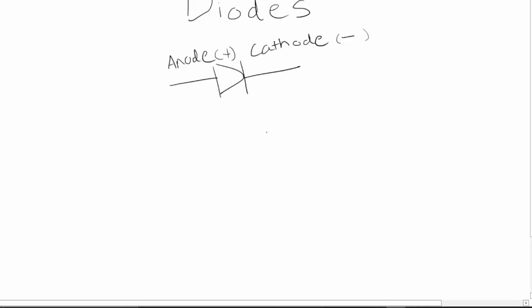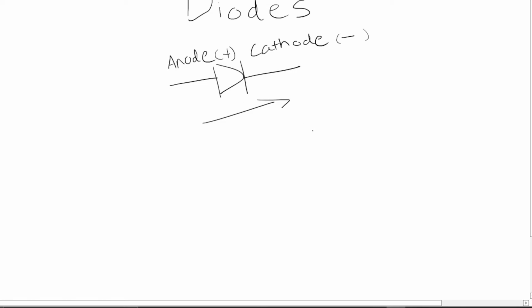And when we forward bias a diode, when we apply a voltage across a diode, given we have connected our diode with the proper polarity, so if we connect this properly in our circuit, current will flow across. And remember, I said it only flows in one direction. So if I connect a positive terminal here, negative terminal here, current will only flow in this direction. It will not flow in the reverse.